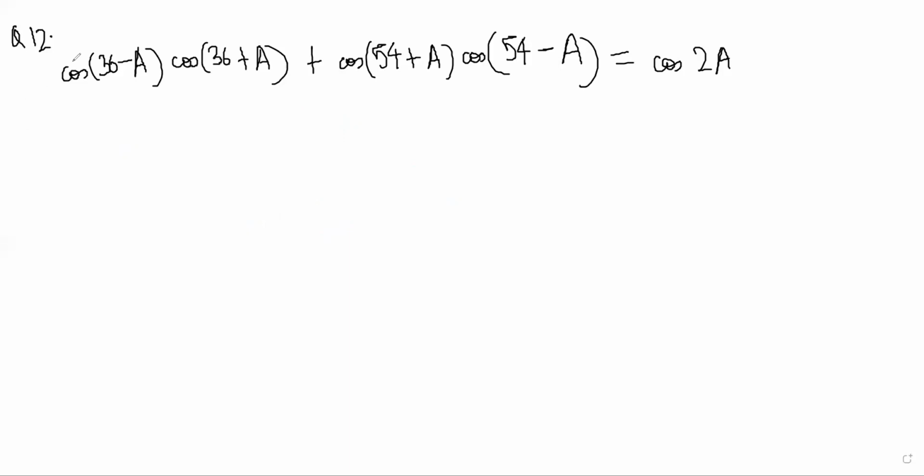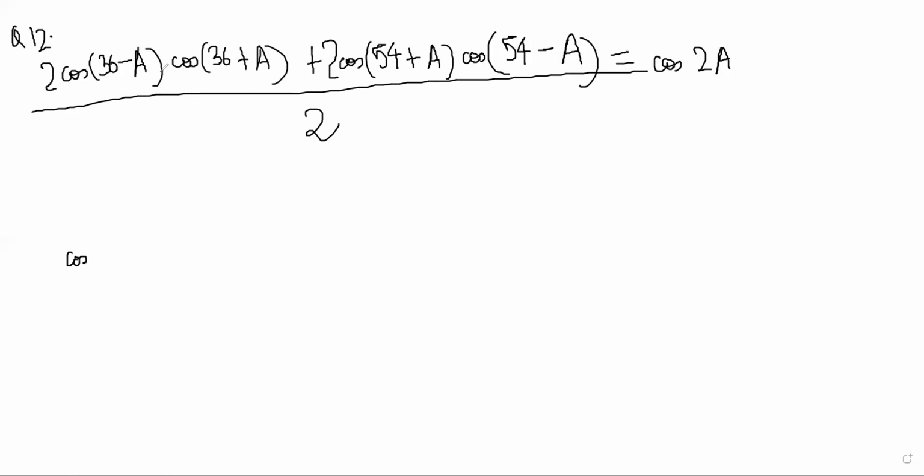Just multiply everything by 2 and divide by 2 so that nothing has changed. So use the 2 cos a cos b formula, which should be cos of (a plus b) plus cos of (a minus b), right?